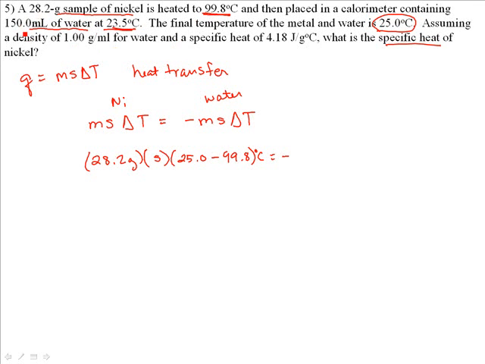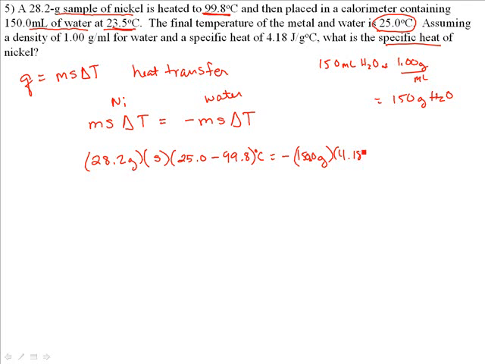Well, we have 150 milliliters of water, times a density of 1 gram per milliliter. Therefore, we have 150 grams of water, times the specific heat of water, 4.184.